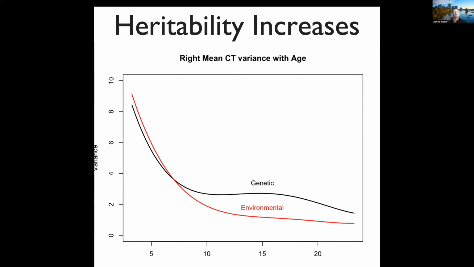And so there's something like a crossing over of 50% heritability at around 7.5 years of age.